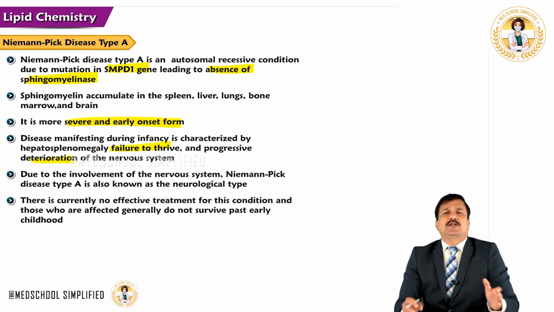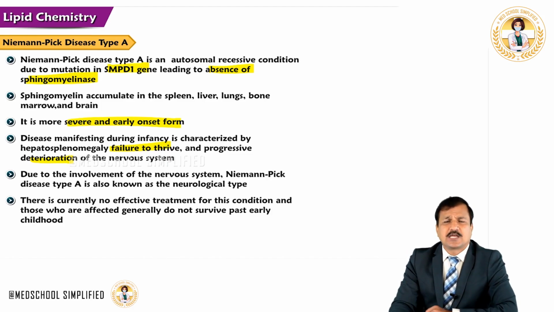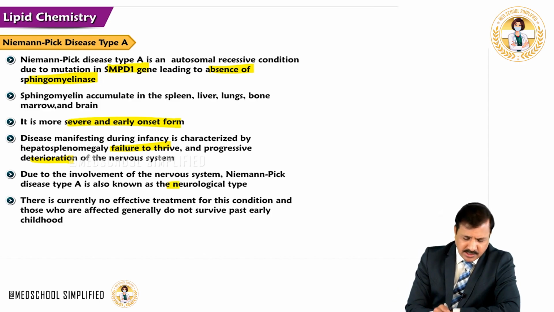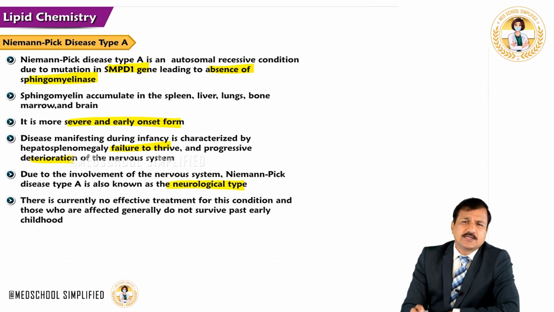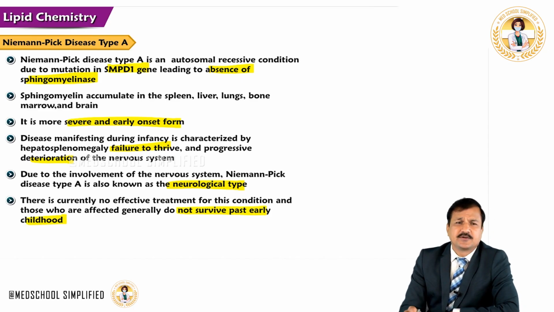Due to involvement of the neuronal system, Niemann-Pick disease type A is also known as the neurological type. There is no effective treatment currently available for this condition, and those who are affected generally do not survive past early childhood. So it's a severe form of Niemann-Pick disease.